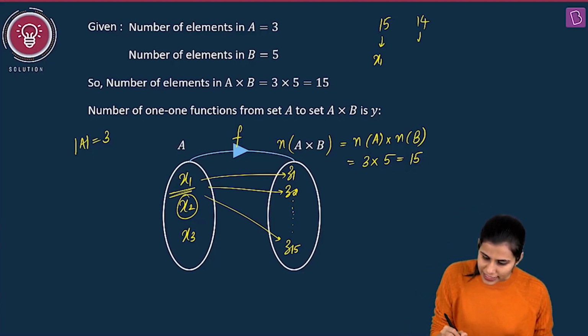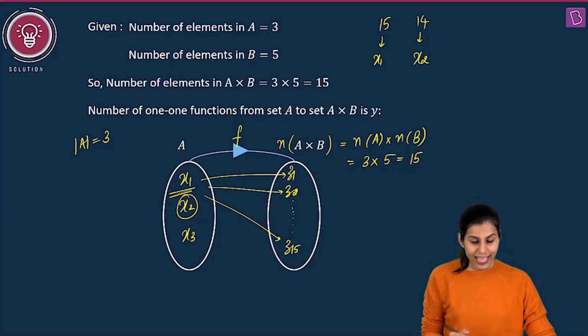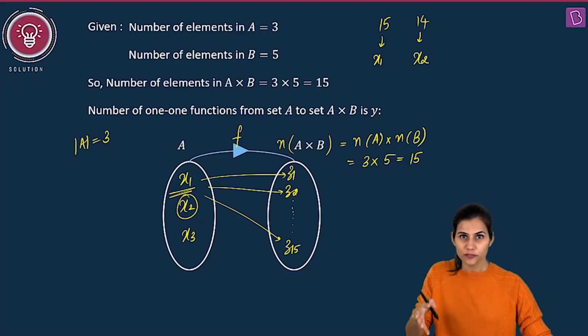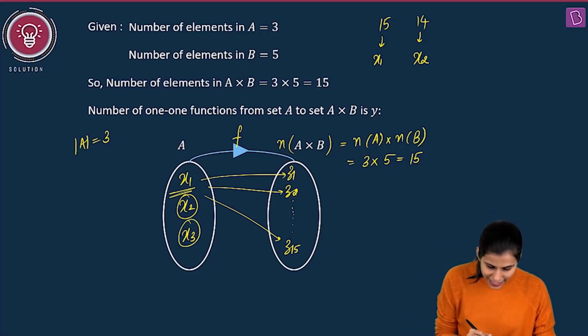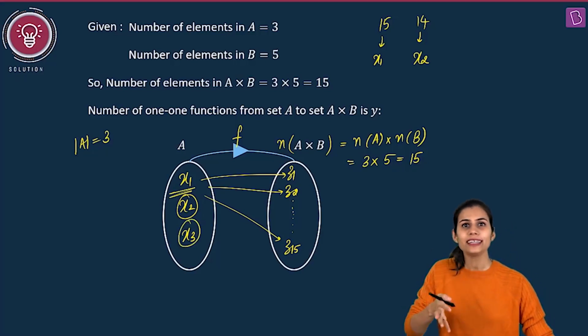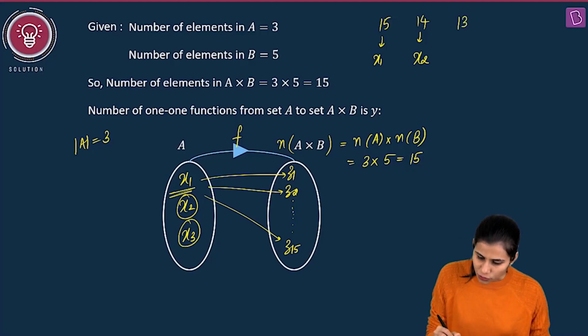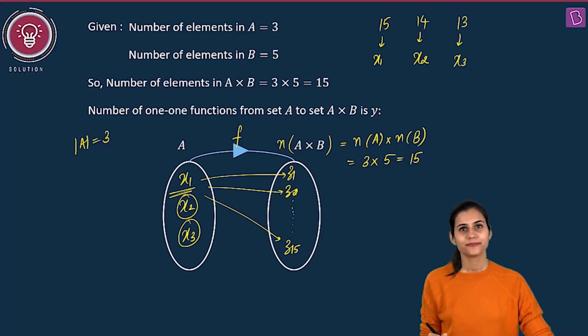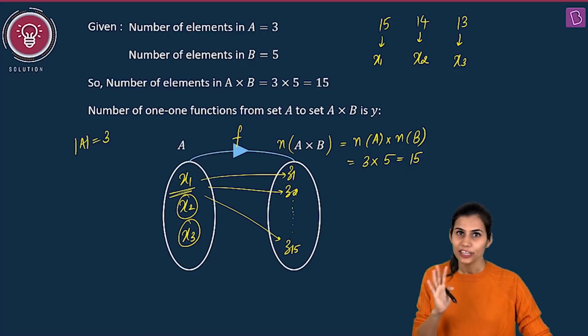So 14 ways to map x2. And now when x2 also has been mapped to one of the members of set A cross B, there is again one less: 13 ways to map x3. Do you agree? Because again, the images have to be distinct, right?